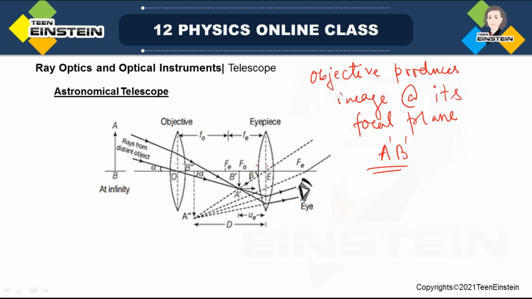Now, the distance between these two lenses, objective and eyepiece, is so adjusted that the image produced by the objective lies in between the focal length and the optical center of the eyepiece.